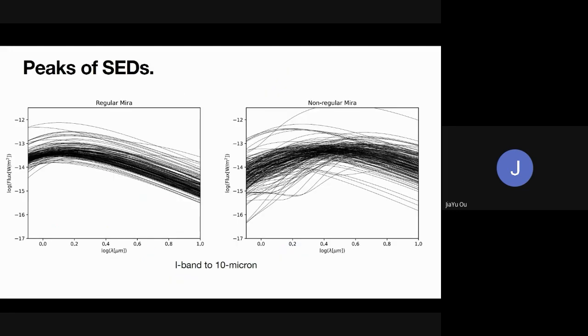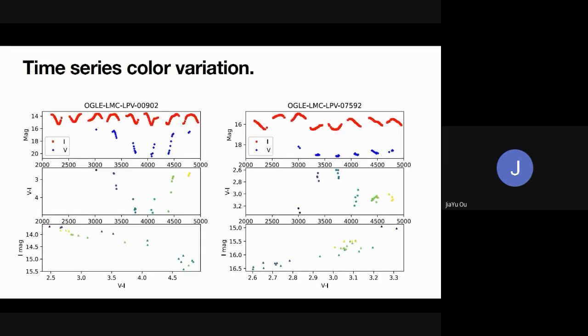Next, we combine all the regular and non-regular Mira SEDs to compare. The regular Mira clearly has a peak at 1 micron, but the non-regular Mira spans from 1 micron to 10 micron, and the peak is not at 1 micron. And next, we also compare their color vector.